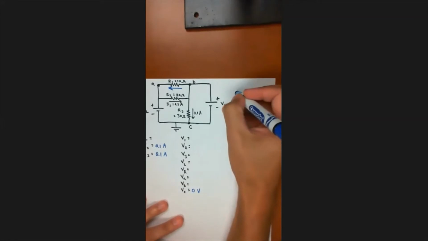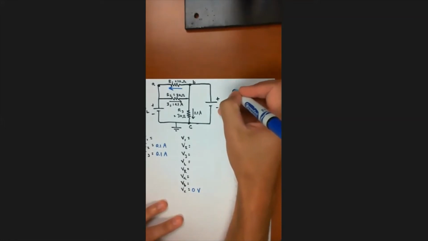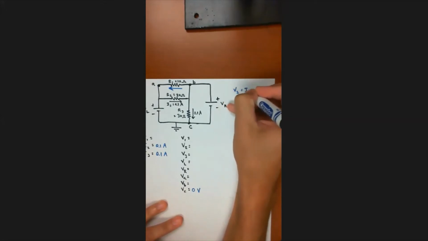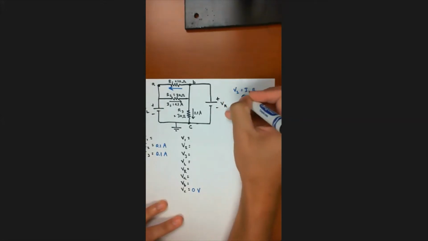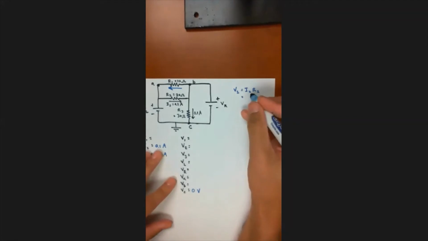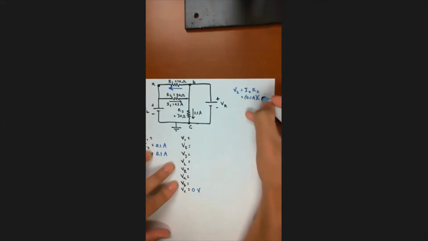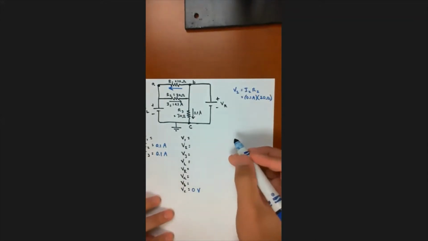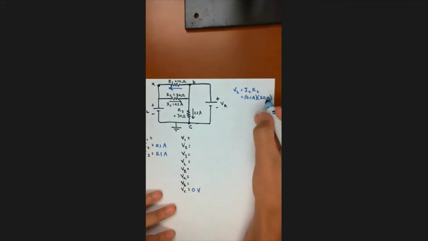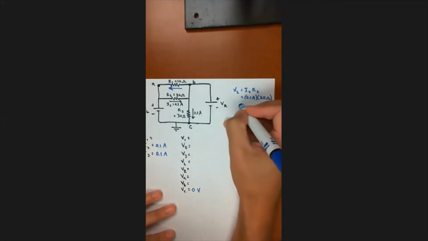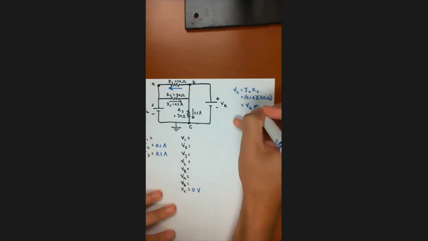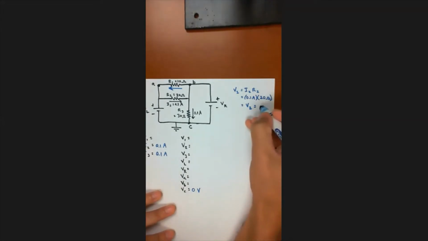So we're going to use Ohm's law and write V2 equals I2 R2. I2 is 0.1 amps, and R2 is 20 ohms. So if we're multiplying by 0.1, then we just move the decimal place over, and V2 should equal 2 volts.